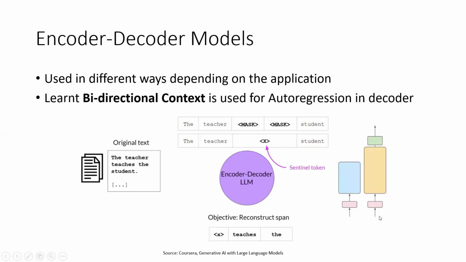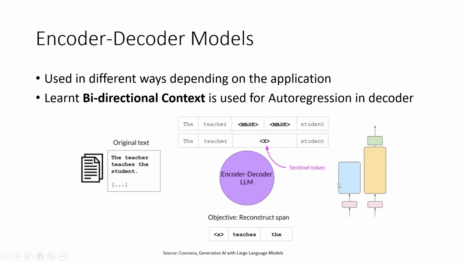The decoder will decode using the vectorized input given by the encoder and generate tokens one by one. The encoder part is still trained in the bidirectional context, and the decoder part will autoregressively create new tokens using the bidirectional context given by the encoder.